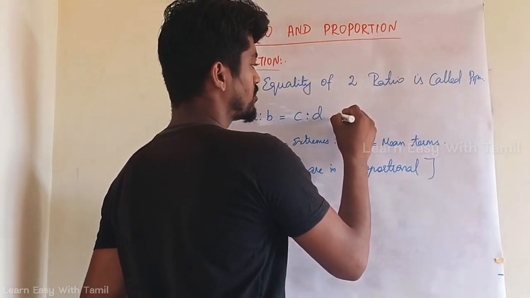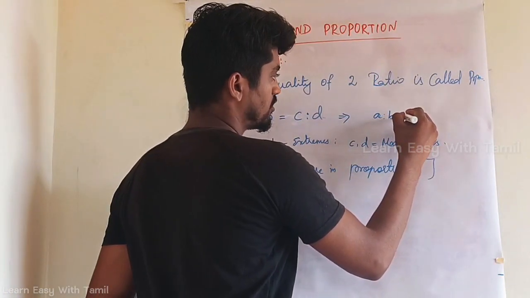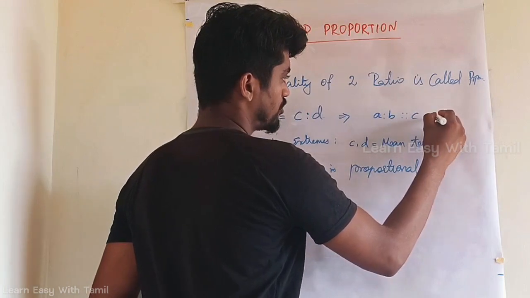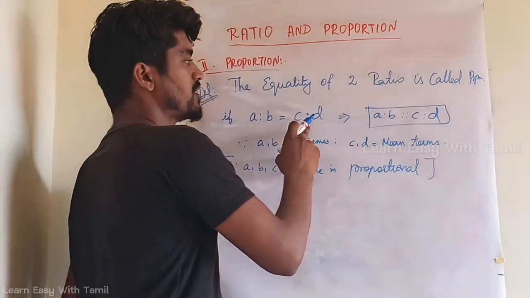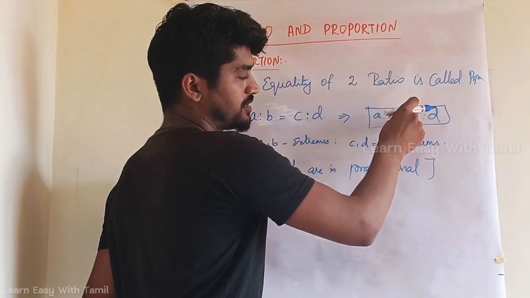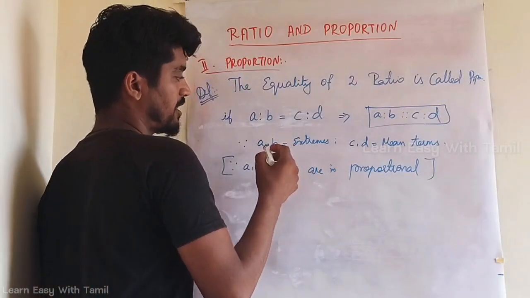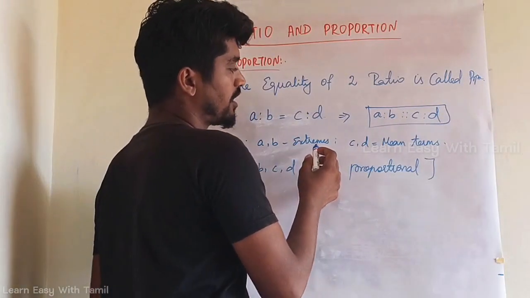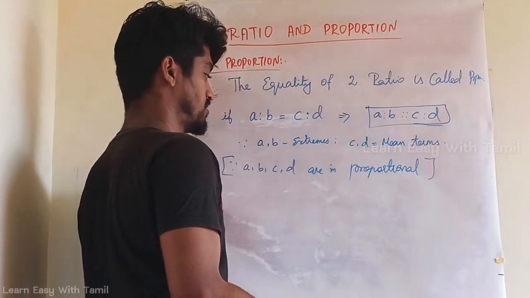It can also be written A is to B :: C is to D. A is to B equal to C is to D can also be written as A is to B double colon C is to D, where A and D are extremes, and B and C are mean terms.